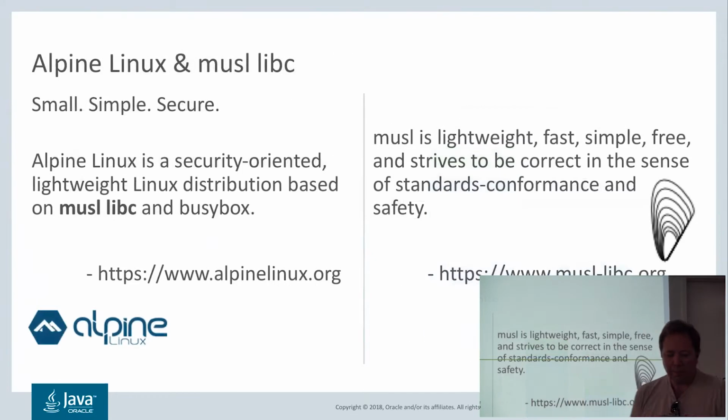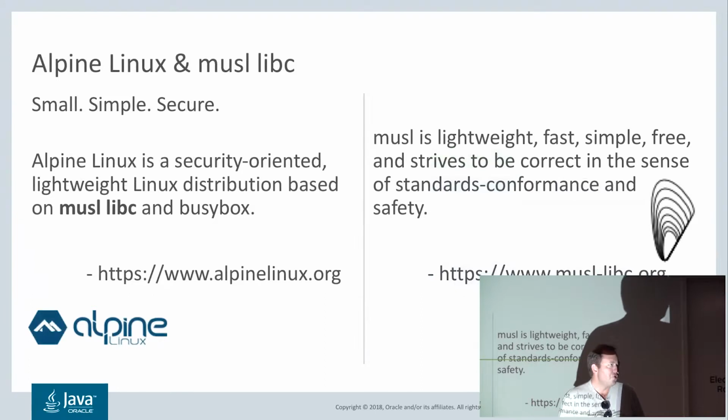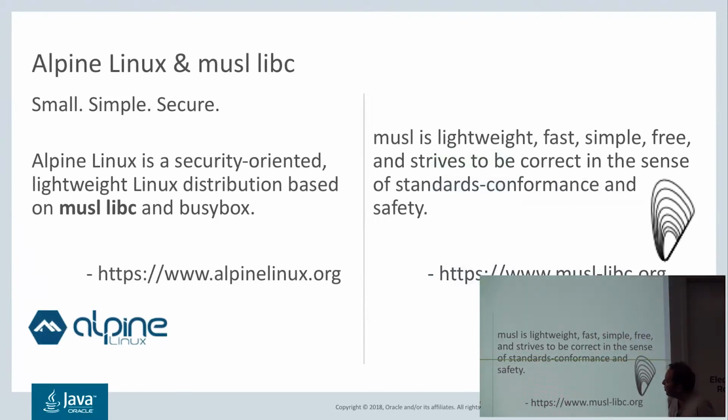So, cue Alpine Linux. Alpine Linux is a Linux distribution which prides itself on being security-oriented and lightweight. And the way it achieves that is by using something called the musl C library and BusyBox. BusyBox is a packaging of the normal commands you'd expect, like awk, sed, whatever.